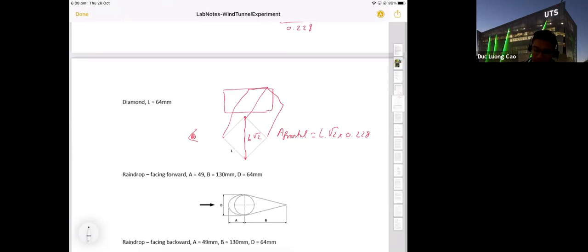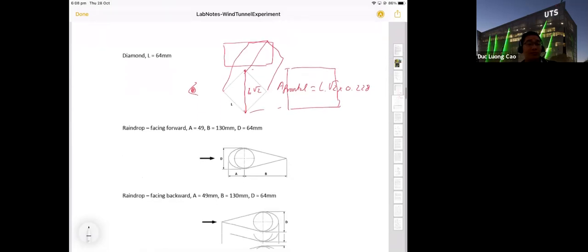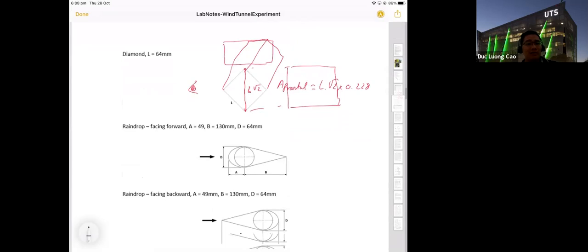Because when you see from here, you have this rectangle. One side is L times square root of 2, and the other side is 0.228. Be careful about the diamond.